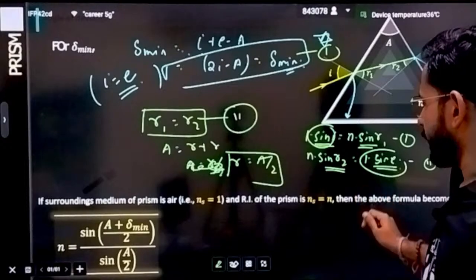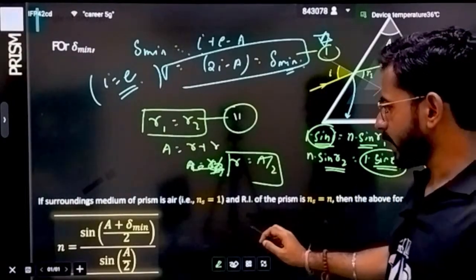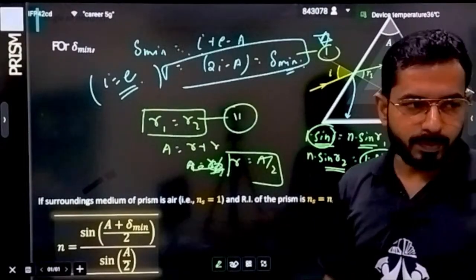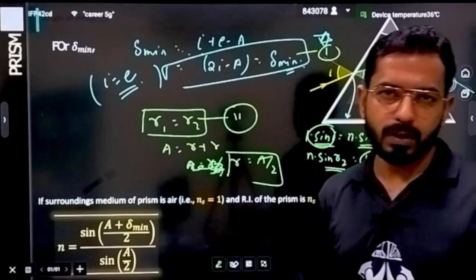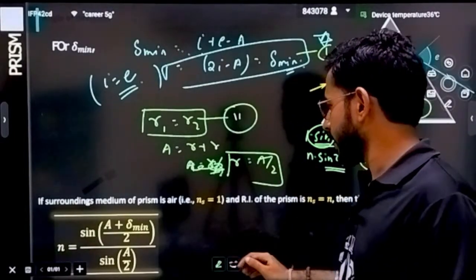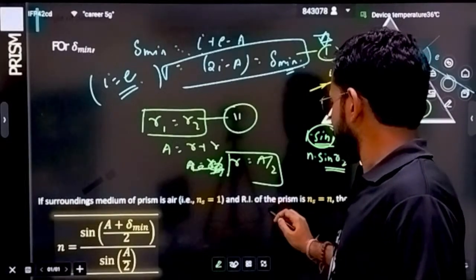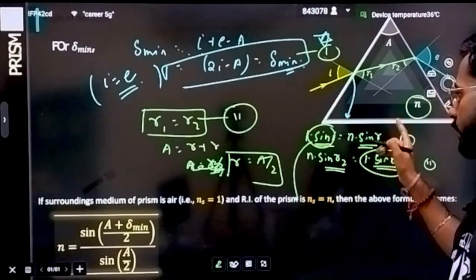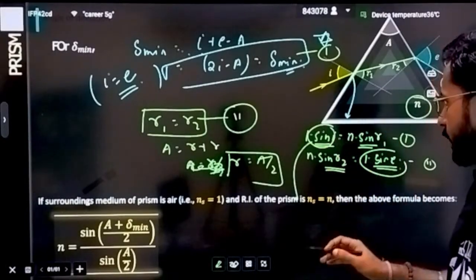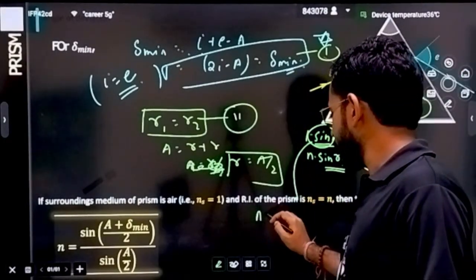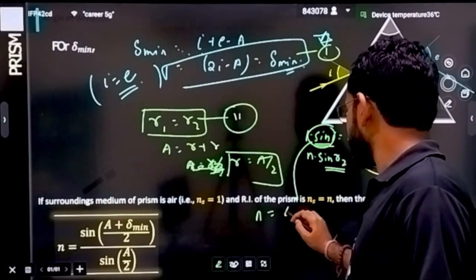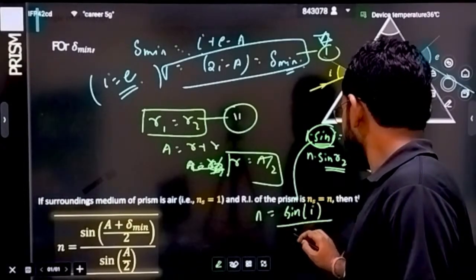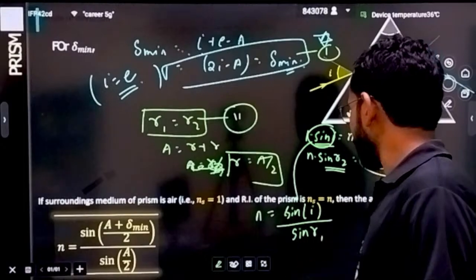Fine. See, what I was telling you, what about the refractive index? If it is a case of minimum deviation, you can directly write the formula of refractive index. How will you write it? Let's see. You apply Snell's law, n1 sine of I is equal to n2 sine of R, correct? And can I say you will write n is equal to sine of I divided by sine of R1.